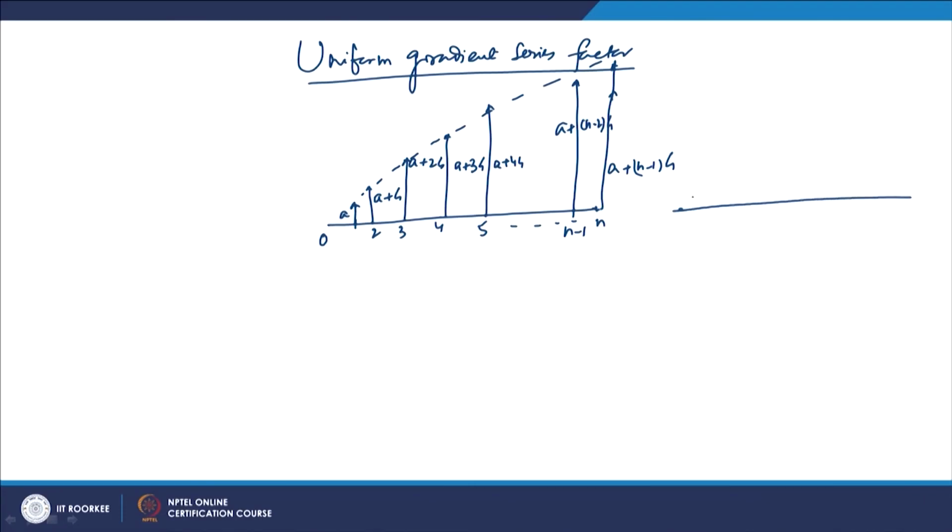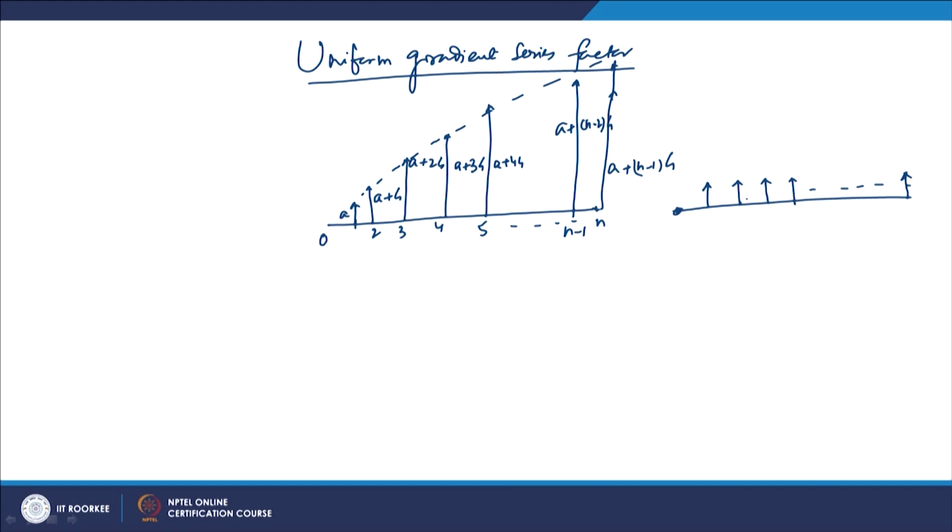Now, the purpose is how to represent such a series, and our job will be to find basically equivalent values. What should be the equal annual amount for such a series? What amount will be equal for such gradients?